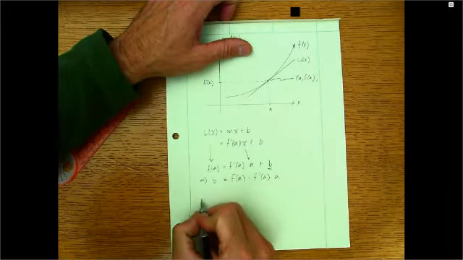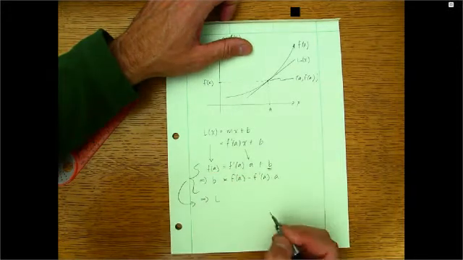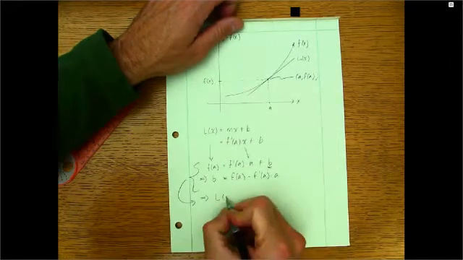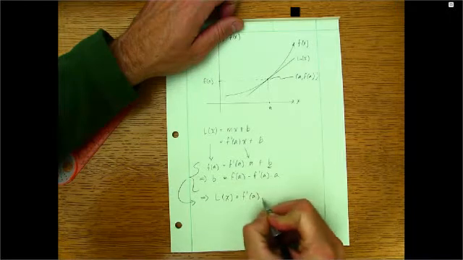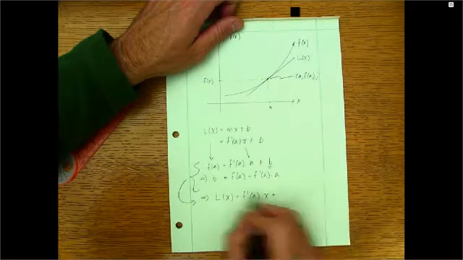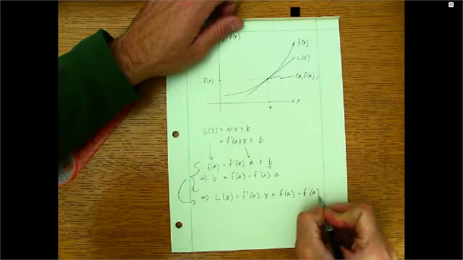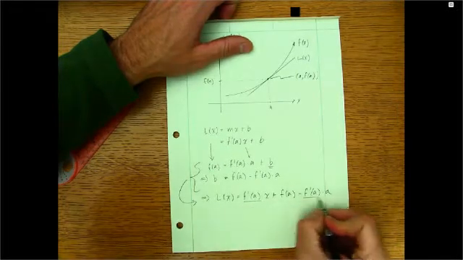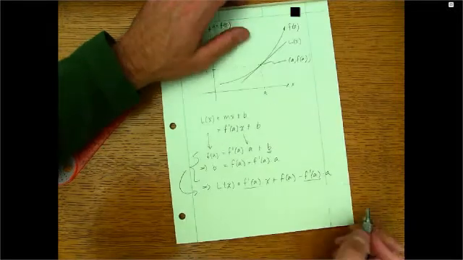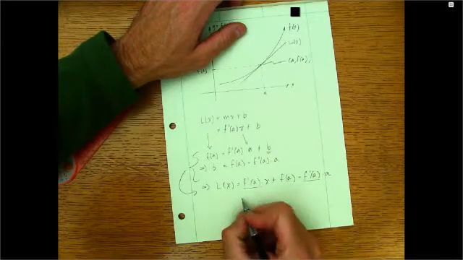And so this gets us to an implied statement where L of x must be equal to f prime of a times x plus b, which is f of a minus f prime of a times a. And I'm noticing now that I've got two f prime of a terms. Let's factor those out of those two common terms and leave f of a out in front.